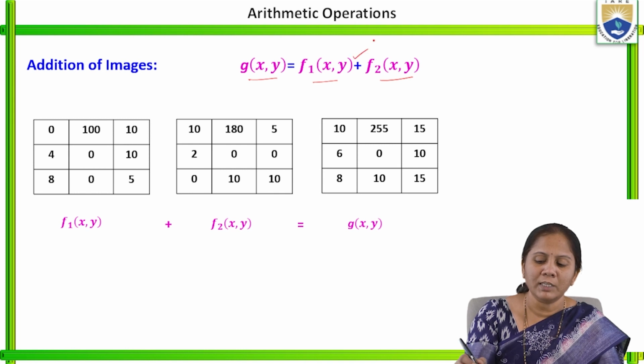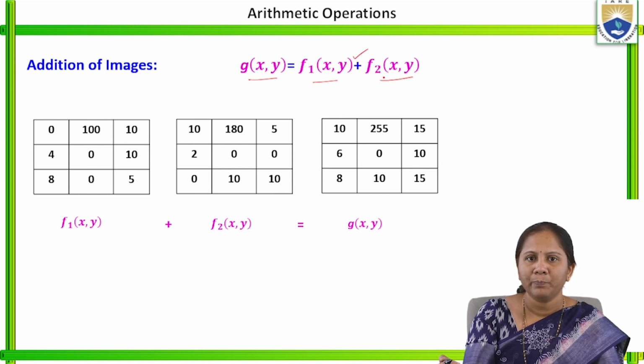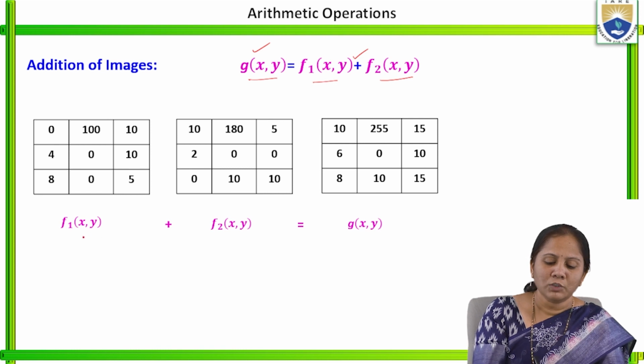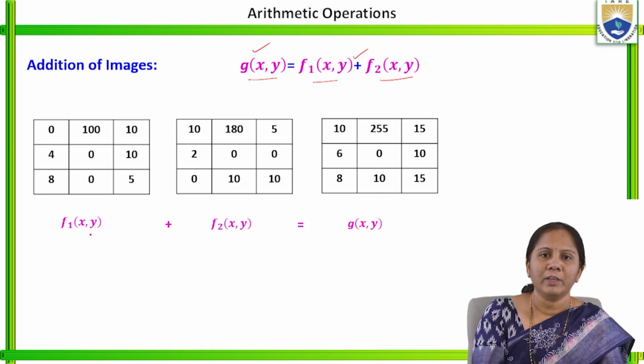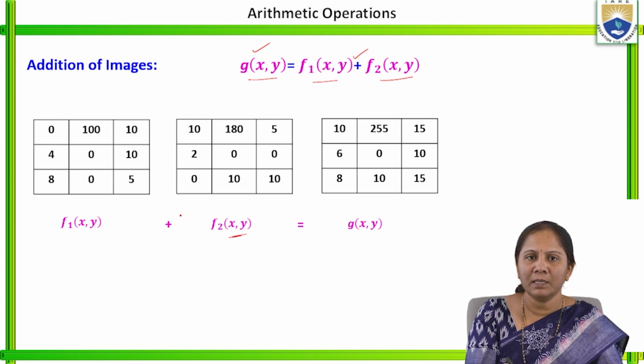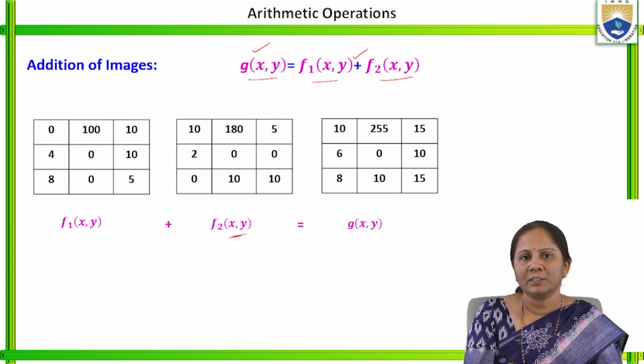If we perform addition between these two, we get the result which forms the new image, g(x, y). Let us consider this is f1(x, y) and this is f2(x, y). The addition should be performed pixel by pixel until all the pixels are completed.